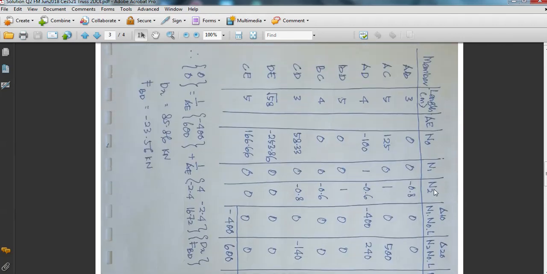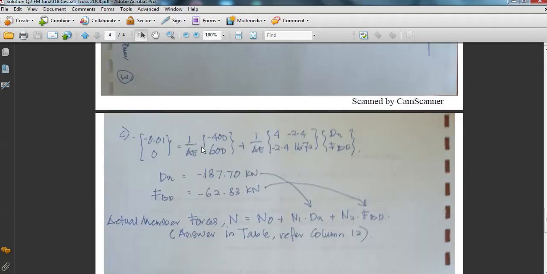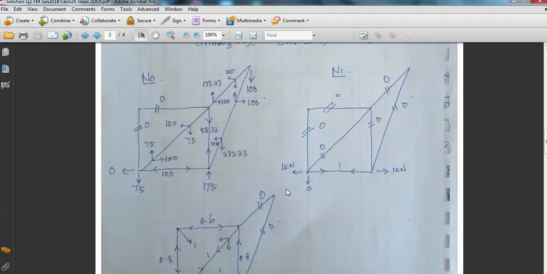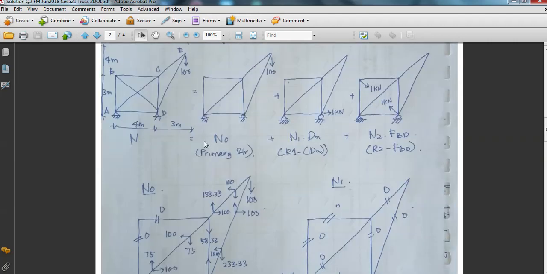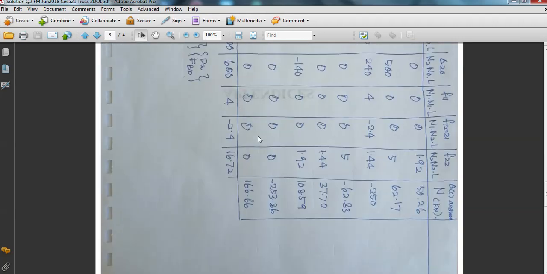Then you have calculated your redundant force. After you have calculated your redundant force, then you can determine your N. How to determine this N? This N equal to N0 plus N1 multiplied by dx plus N2 multiplied by FBD. dx and FBD already determined here. So how to determine this N? 50.26.